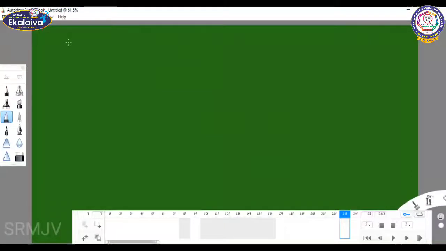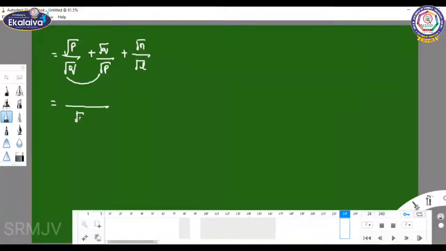So root p by root q plus root q by root p plus root n by root l. First, you can take the LCM of these two values. It gives root p root q.